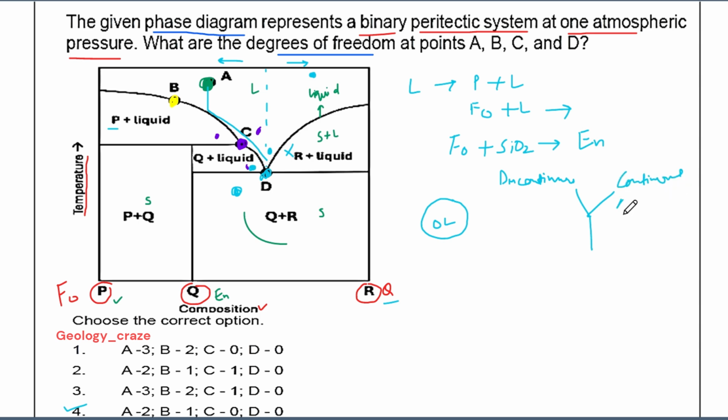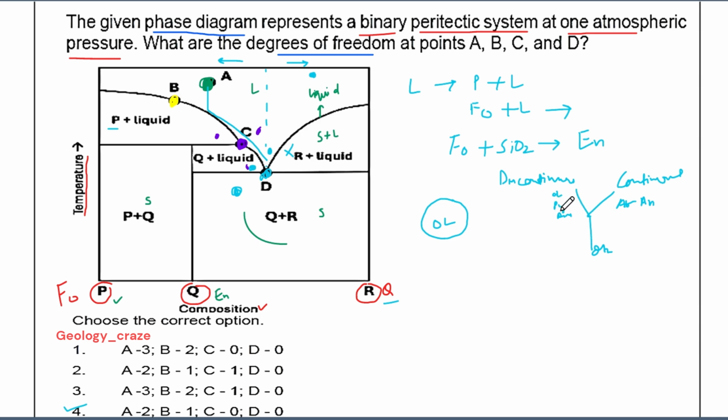The continuous reaction takes place between albite and anorthite. On the discontinuous side we have olivine, then pyroxene, then amphibole, and then quartz or muscovite, in this way.